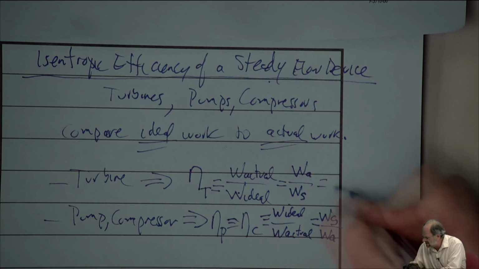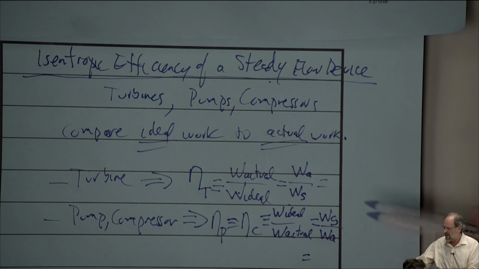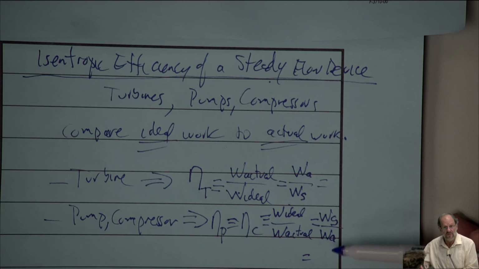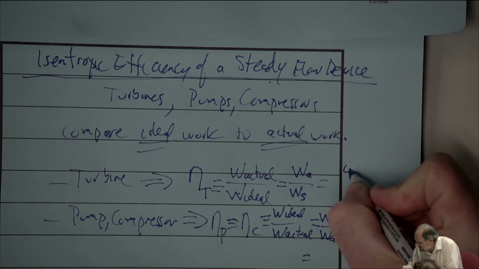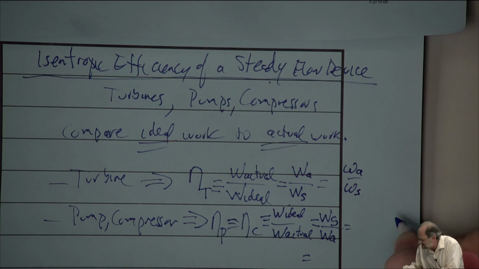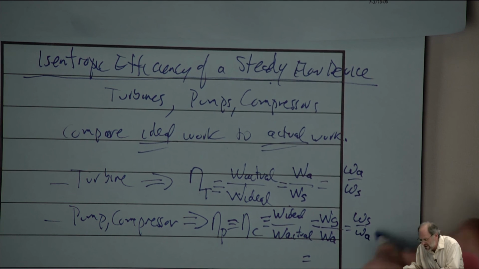And then one last thing to note here today. I could write this as a total quantity, that is total work, like I've done here. But I could also write these on a per unit mass basis, right? I can divide by mass, both in numerator and denominator, and I would get lowercase w_A over lowercase w_S, or in the case of the pump or compressor, lowercase w_S over lowercase w_A.